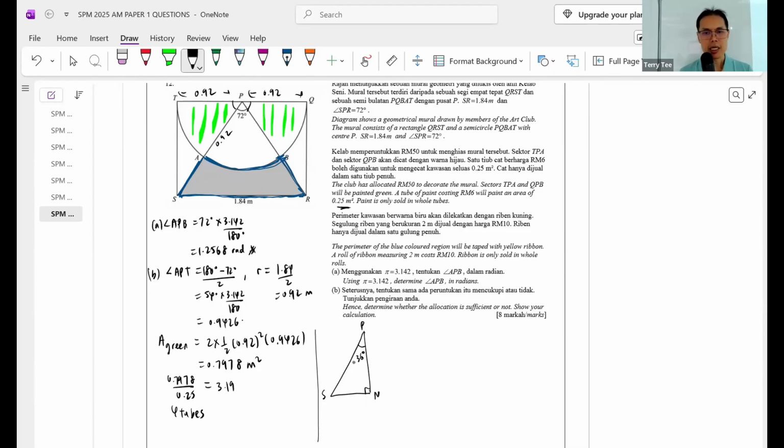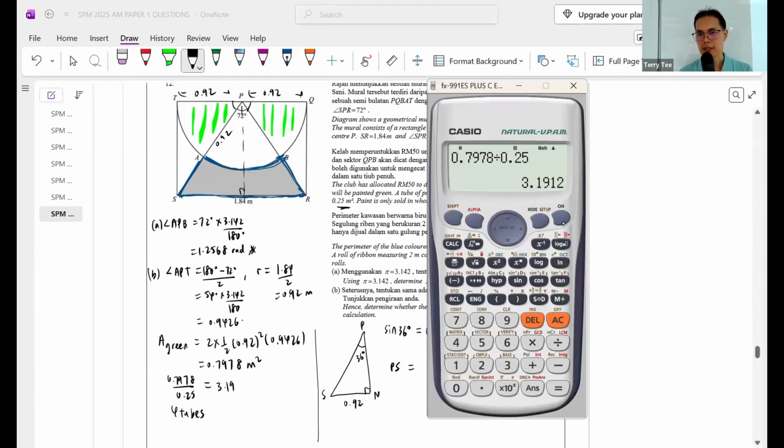I use sine. Why sine? When you half it, this is 0.92. I take sine 36 equals 0.92 divided by PS. Find PS.